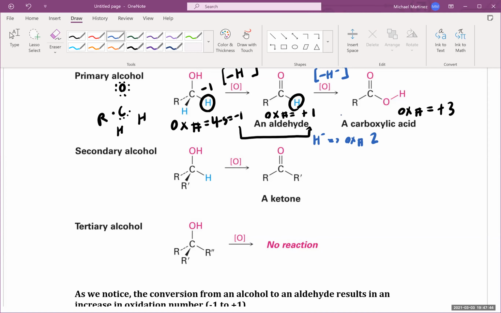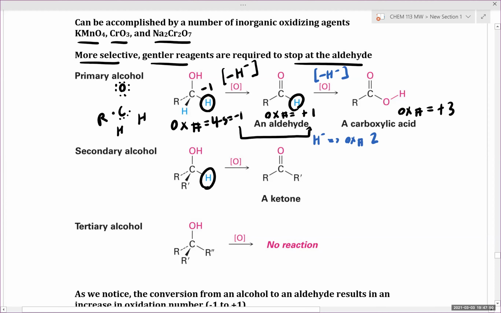So, on that note, if we have, for example, a secondary alcohol and we subject it to oxidation, the secondary alcohol, in this case, has an oxidation number of 4 minus 4, which is 0. When we oxidize a secondary alcohol to a ketone, what is the oxidation number of a ketone as drawn?